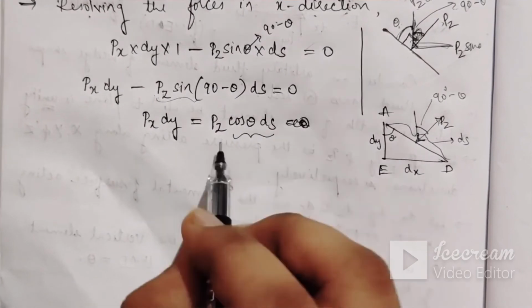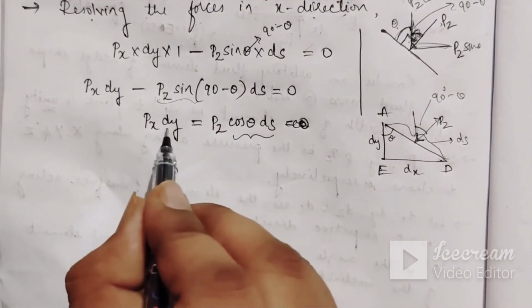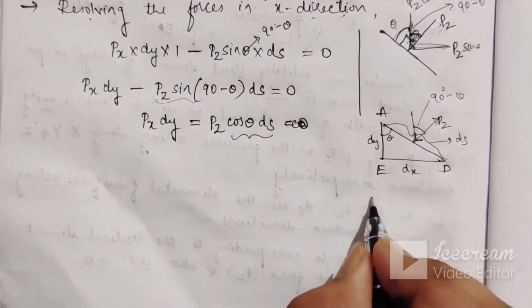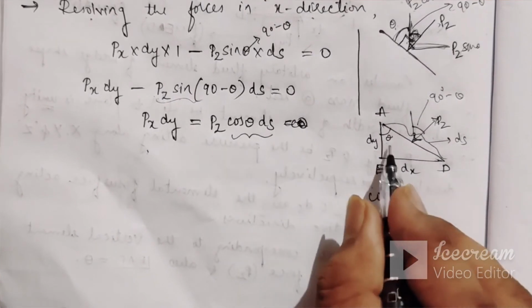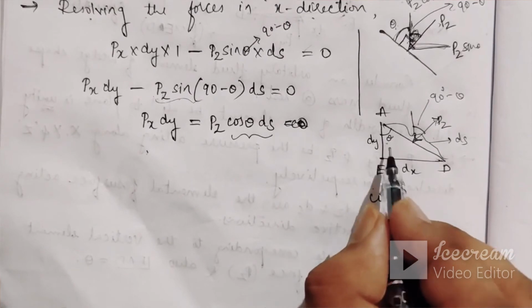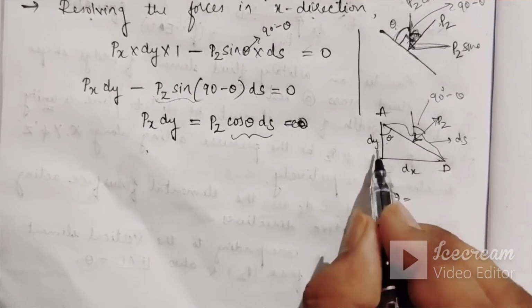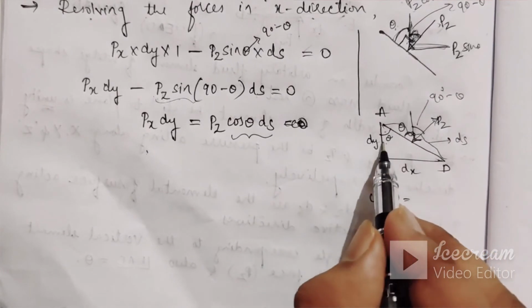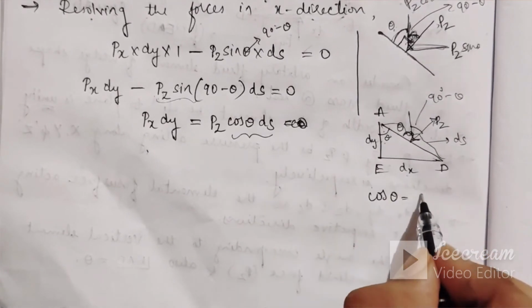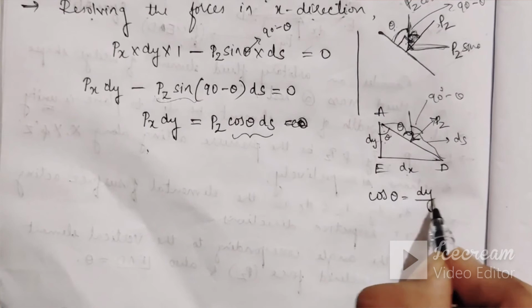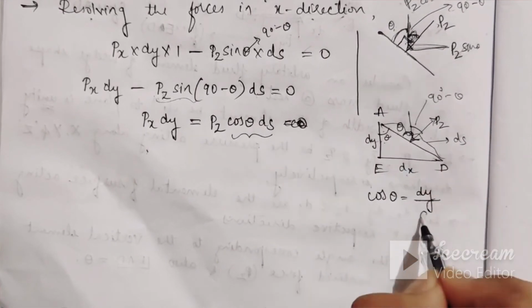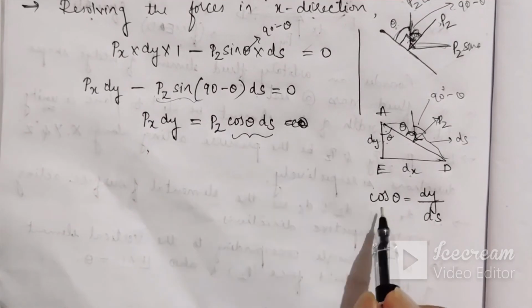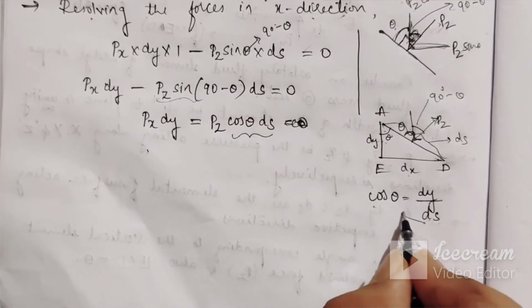Cos theta is adjacent over hypotenuse, this theta and this theta are the same, so adjacent is dy, hypotenuse is ds.